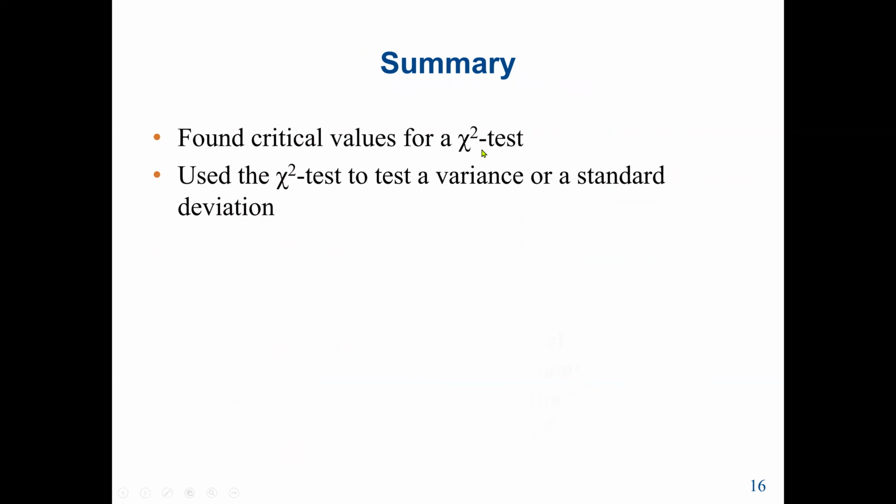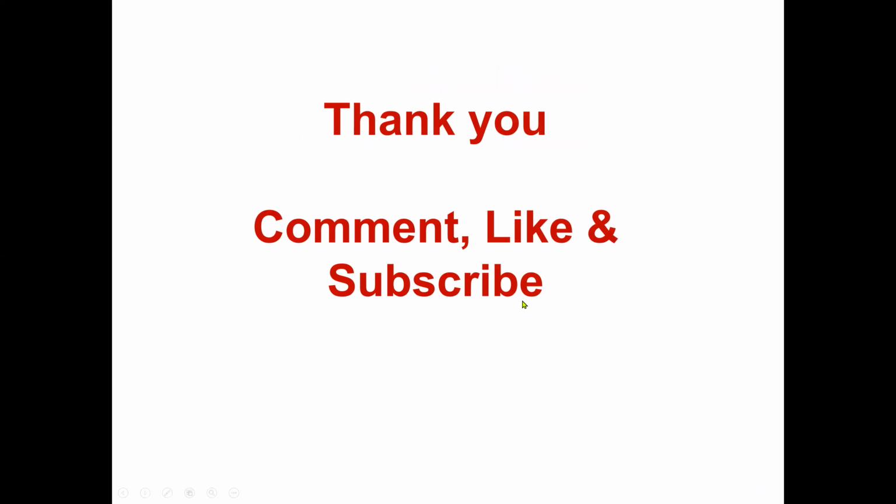So in summary, in these lectures we went through how we can test our hypothesis using either variance or standard deviation. In this case, we have to use the chi-square table. The steps are the same. First step, we state our H0 and HA. The second step, we know our alpha level.